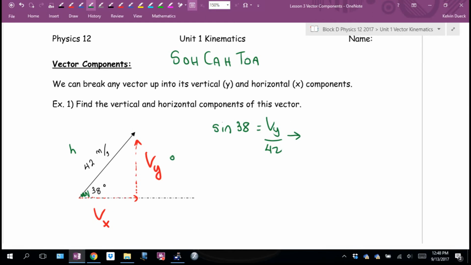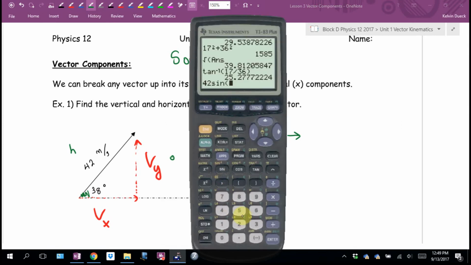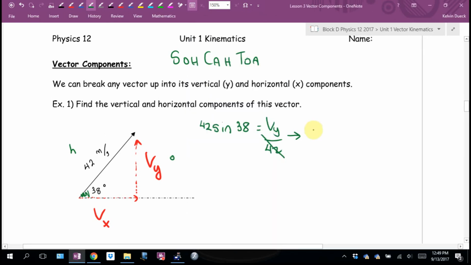I'm perfectly fine if at this stage you cross that out and tuck the 42 in front, and that's your way of telling me that's what I'm typing into my calculator: 42 sine 38. And I get a Vy of 25.9 meters per second. No need for a direction here. Here the direction is contained in that little letter Y, vertical.